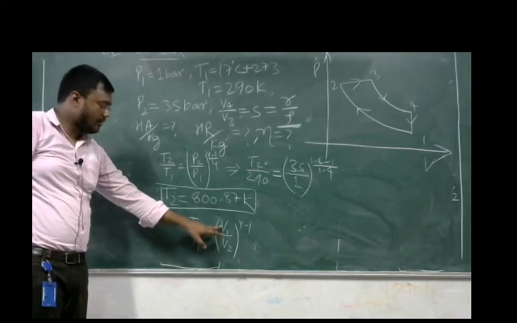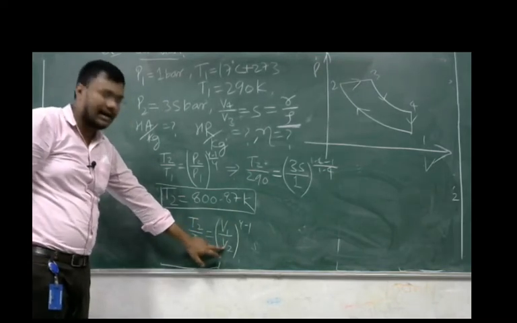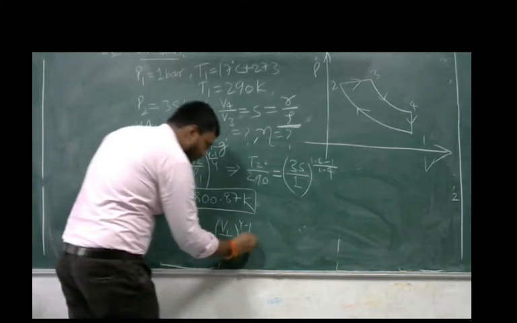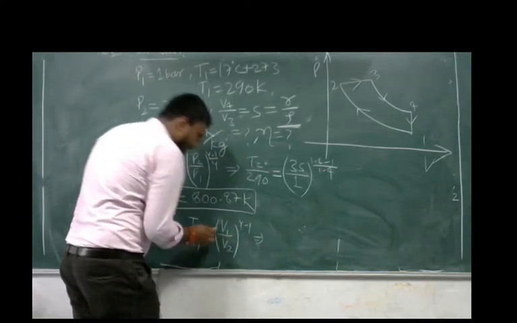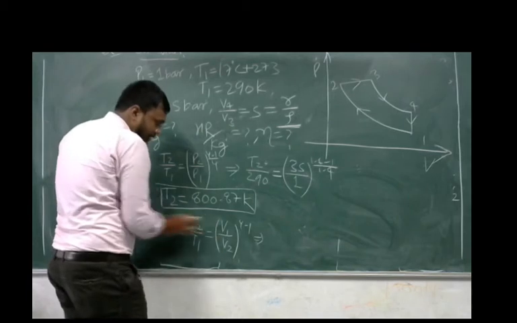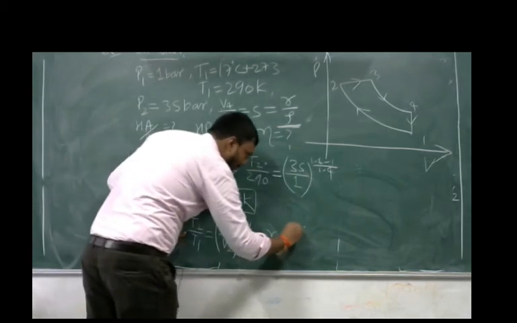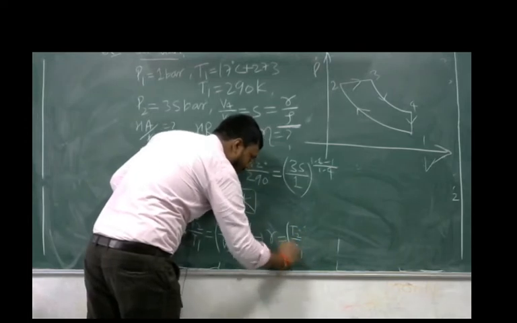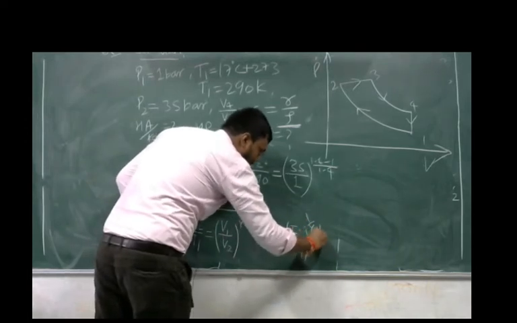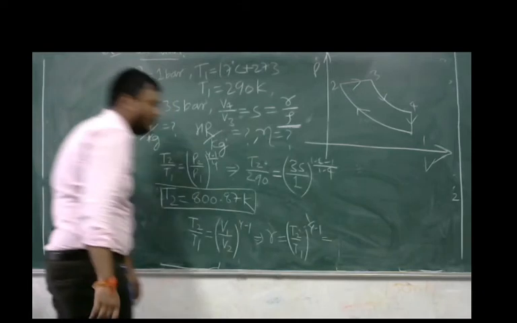So put r in place of V1 by V2, and transfer this power to the other side. So we get the value of r equal to T2 by T1 to the power 1 by gamma minus 1.